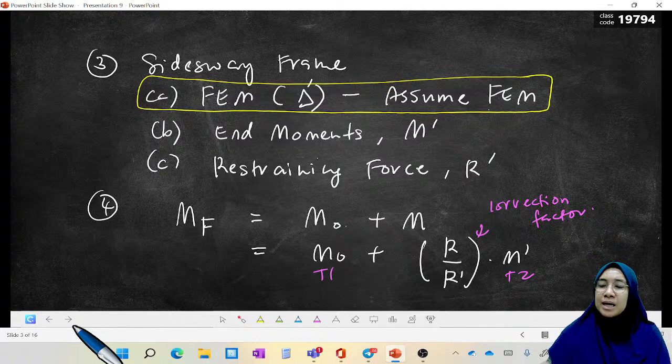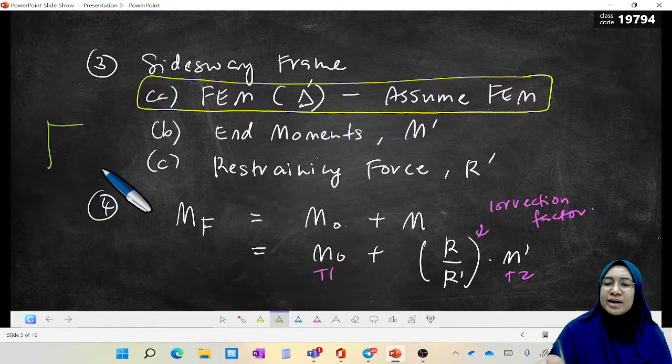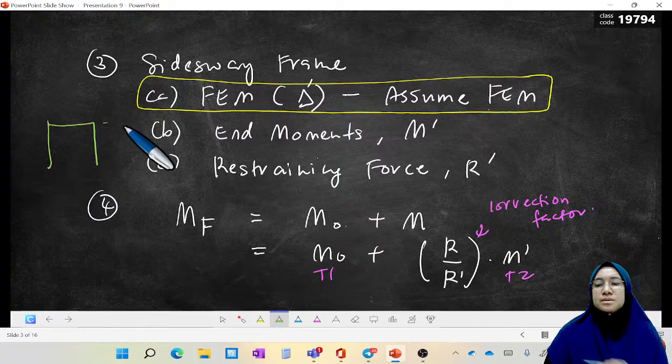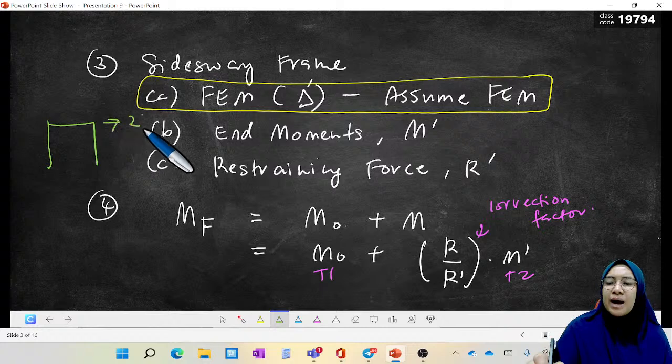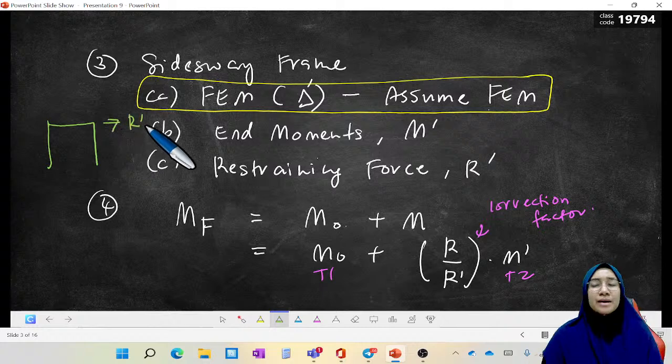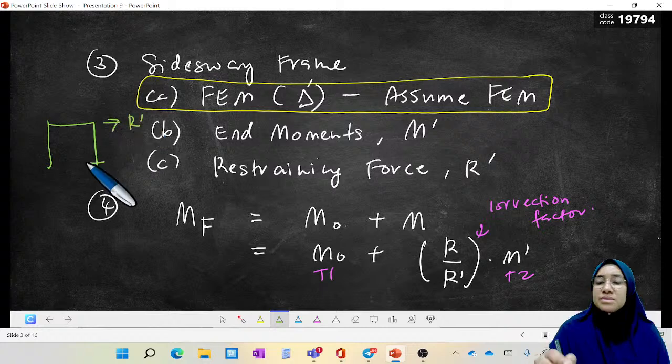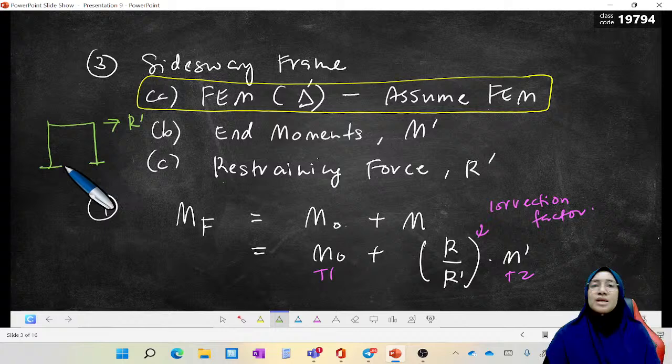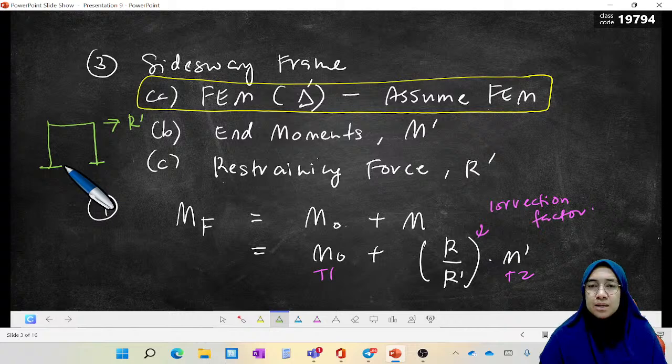The frame is subjected to R prime, not R, without any loading on the member. So this is the frame that we analyze in table number 2.